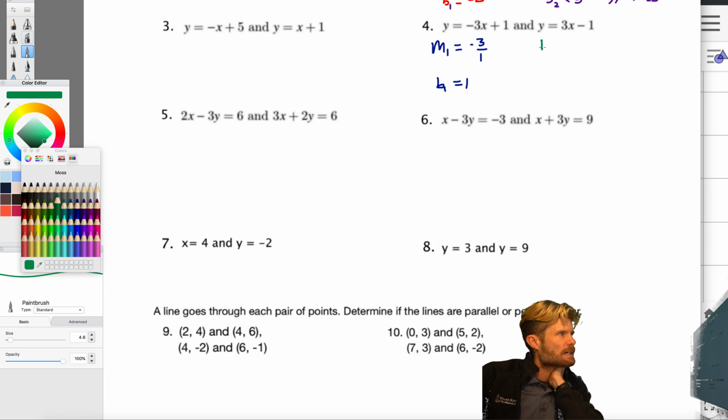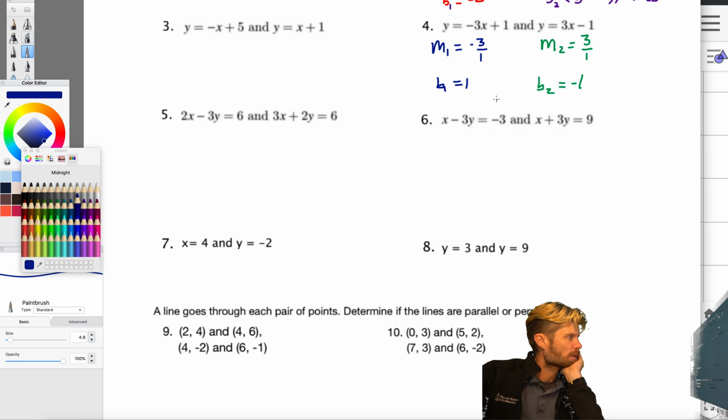And our second line, our slope is 3/1, and our y-intercept is -1. So -3/1 and 3/1 are negatives of each other, but they are not reciprocal. So they're also not equal. -3/1 is not equal to 3/1. So what's the deal with this? This one is neither.